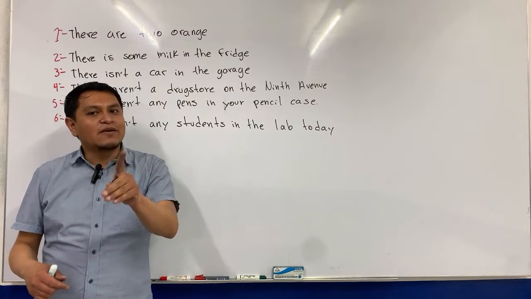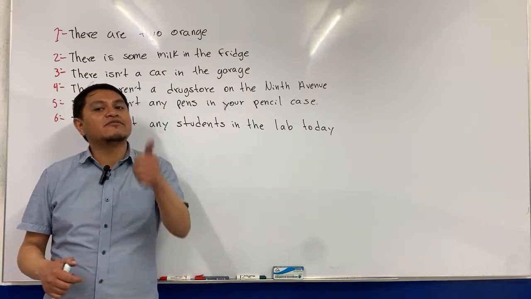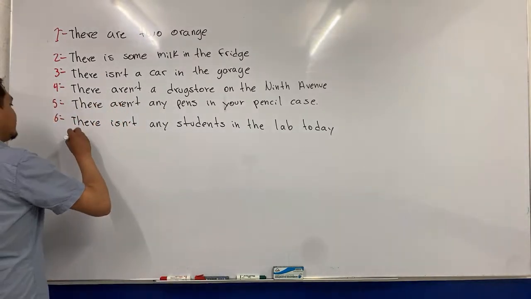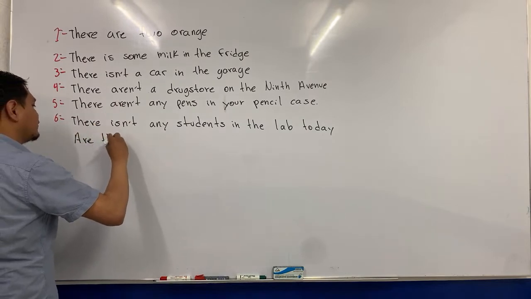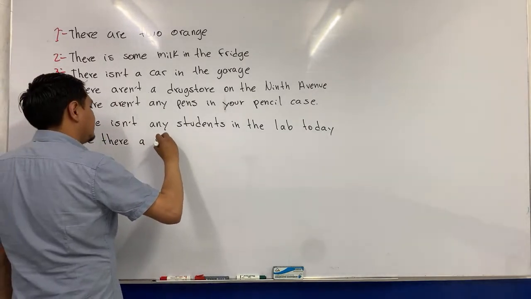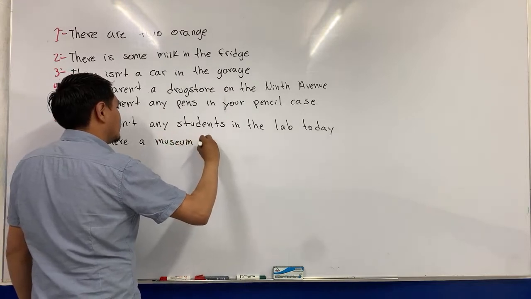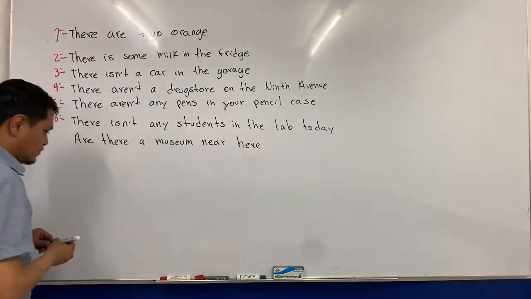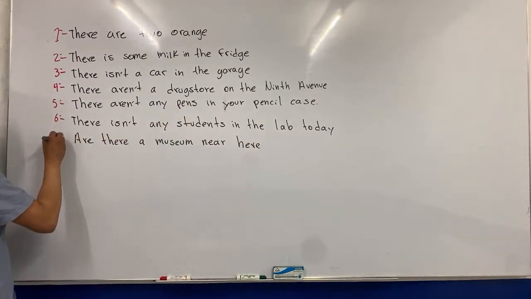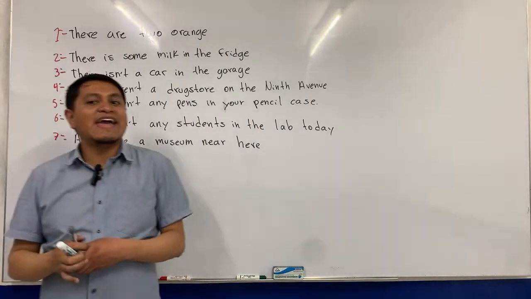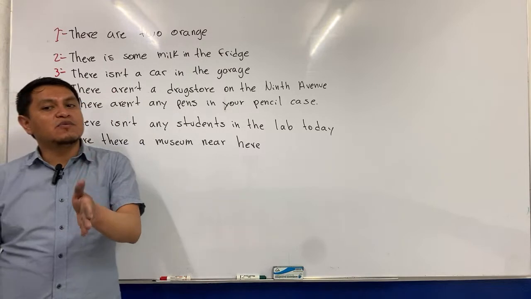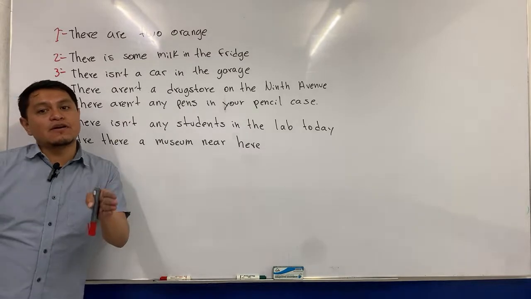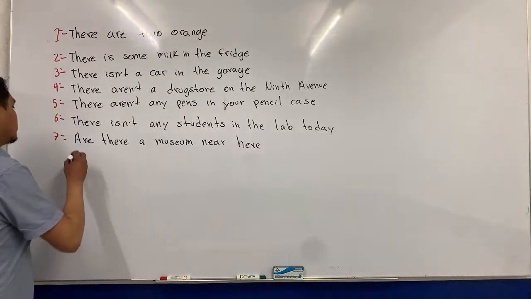Next, are there a museum near here? Eight. Is there a lemon tree in your garden? Repeat. Is there a lemon tree in your garden?